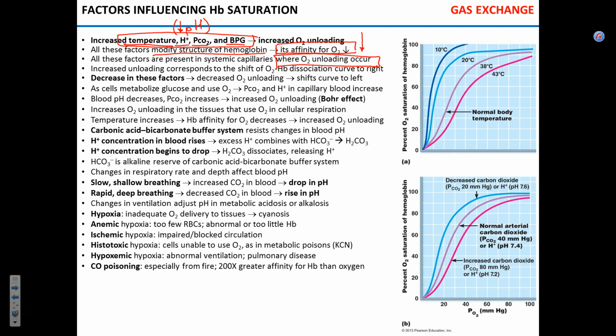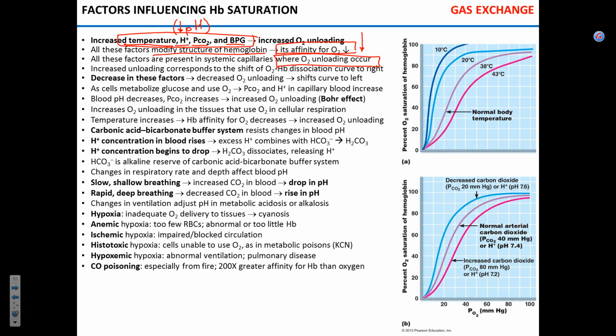Does that make sense to you? Let me go over this again, because that's really important. If you go into the systemic capillaries, into the tissues basically, and measure, pH is lower, CO2 is higher, temperature is higher compared to the lungs, and the concentration of BPG, biphosphoglycerate, is higher as well.